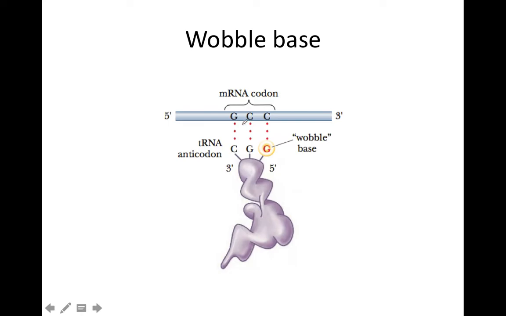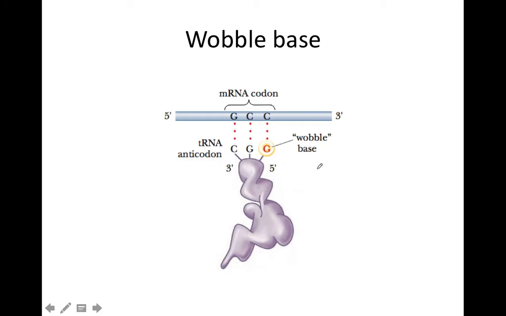So a wobble base is basically emphasizing that the third base can wobble, meaning it does not necessarily have to have a strict hydrogen bonding with the codon, or it does not have to be entirely complementary to the codon.